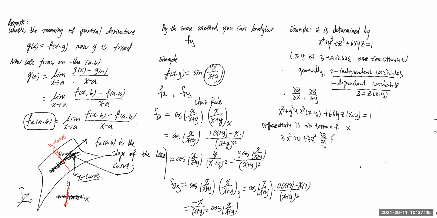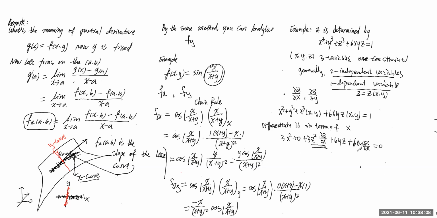And then we differentiate this part. So we get x y z, because x is a variable, right? Keep the y there. And by the product rule, we have y z plus x y partial z partial x.